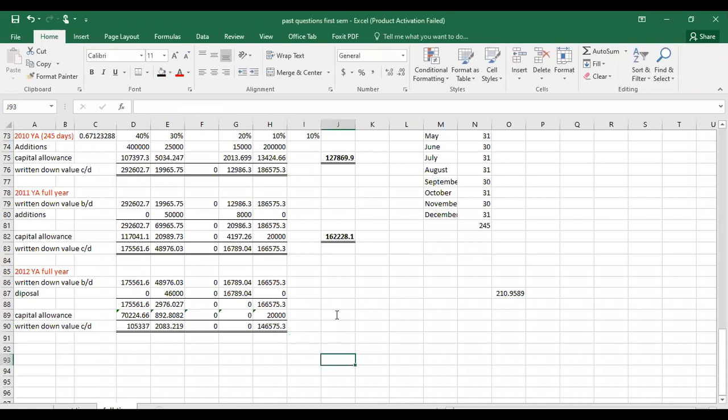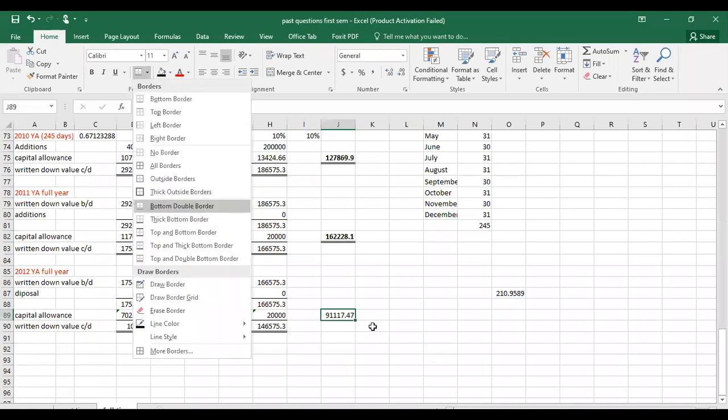And my total capital allowance for that year is going to be the summation of this up to that. So this is my capital allowance for this particular year of assessment.